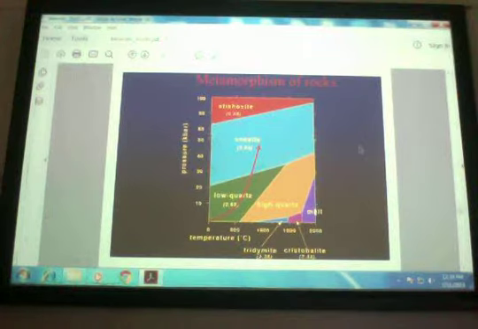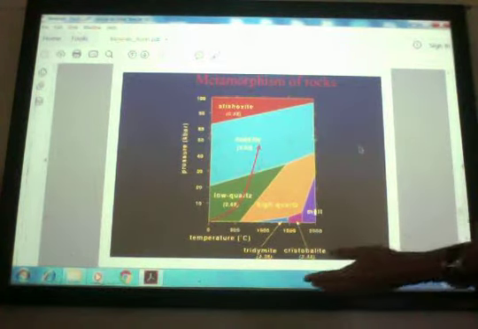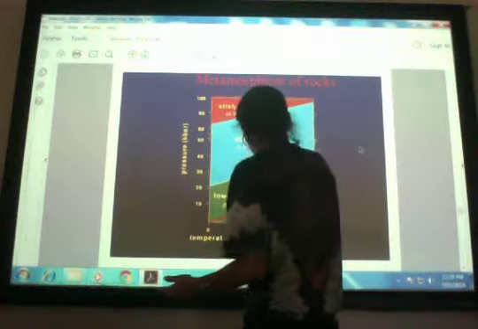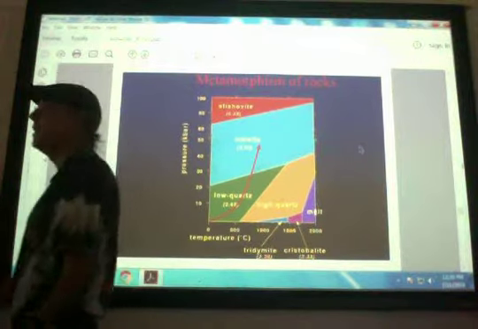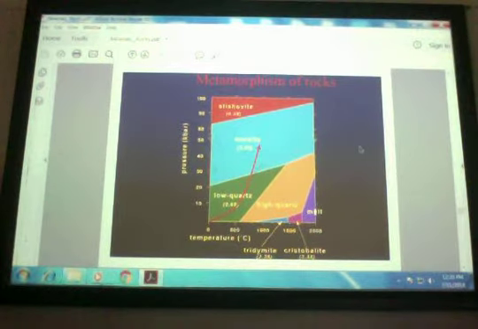Now the question is, we are sending this piece of rock down. And after, it can come very, very fast to the Earth's surface via a volcanic eruption when it becomes picked up in depth, or by a kimberlite.